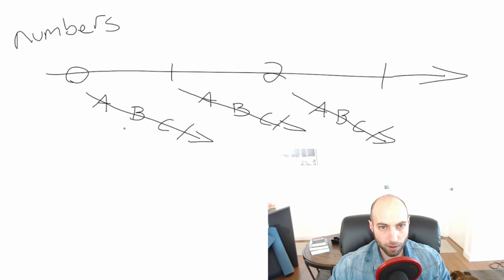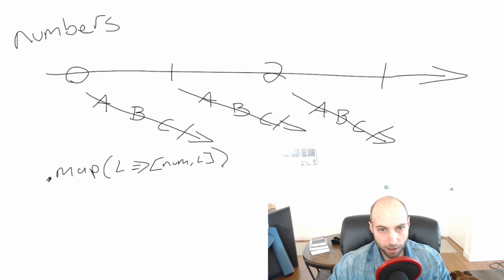And so now the map letter to number letter is going to give us an observable that looks like 0A, 0B, 0C, 1A, 1B, 1C, 2A, 2B, 2C.